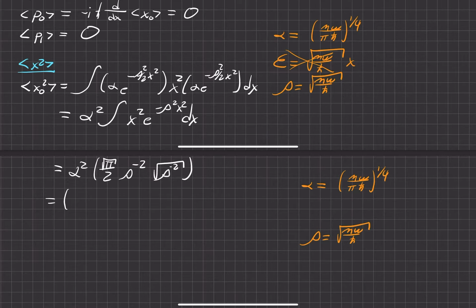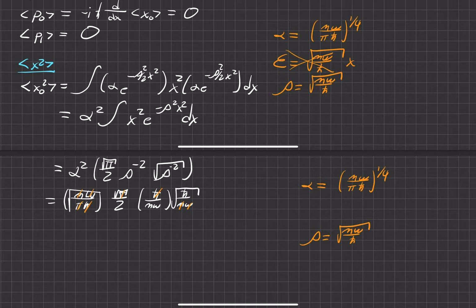So alpha squared will end up being the m omega over pi h bar, and that's just going to be the square root of all that. And then, let's see here, square root of pi. I'll just go ahead and open up all these values and resubstitute them in. Now we'll go ahead and start canceling out like terms, start doing the algebra.